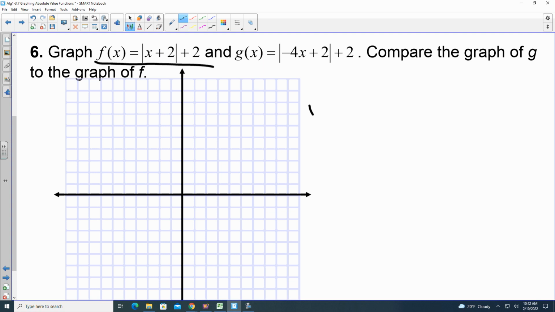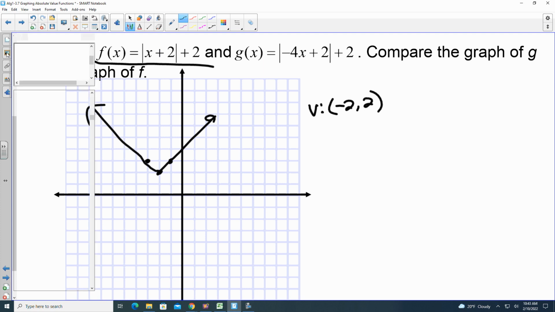So find the vertex. Vertex is going to be h, which is -2 in this case, and k is +2. So -2, +2 is up here. A is my slope, so it's up 1 to the right 1, mirrored image slope up 1 to the left 1. I have my graph for the absolute value function there.